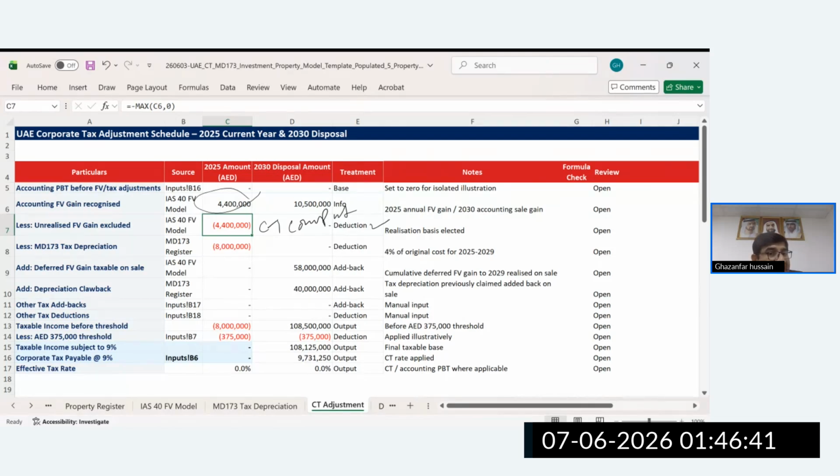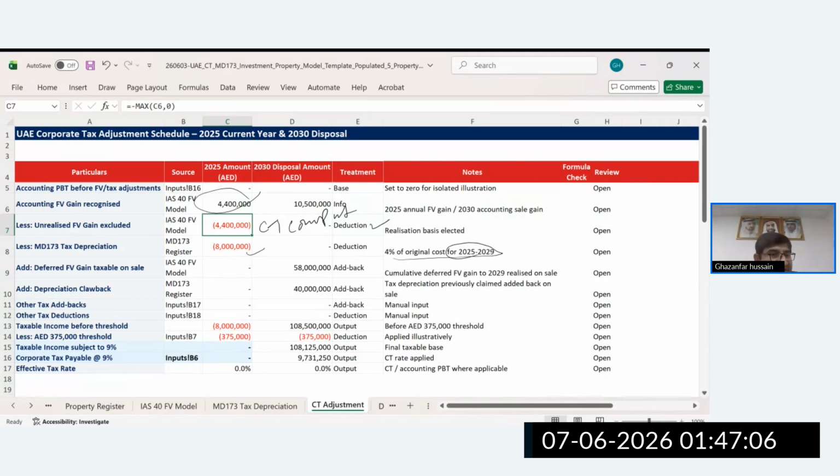This gain is already taxable, we minus it because we are not paying tax, and there is no depreciation, but the law says to allow depreciation, so this is the depreciation we minus. It comes from 4% of this. So this is the calculation shown over here.